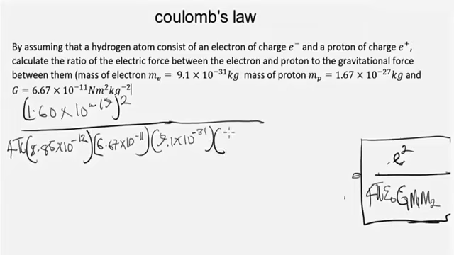And then we'll have M2, the mass of proton, Mp, which is 1.67 times 10 to the power of minus 27.